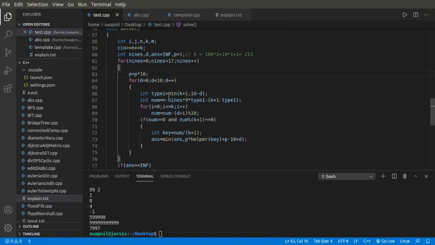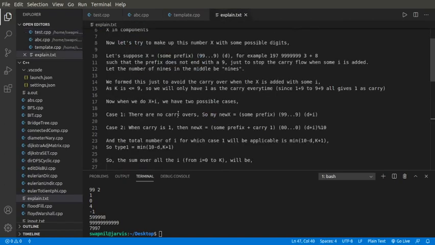Okay, now my type 1 is, as discussed, the total number of cases where the carryovers will not be there, which is the minimum of k plus 1 and 10 minus d. Okay, so I have formed the numerator over here, which is n minus the 9s. I mean the numerator is this one only.